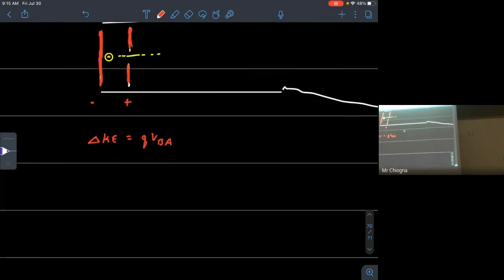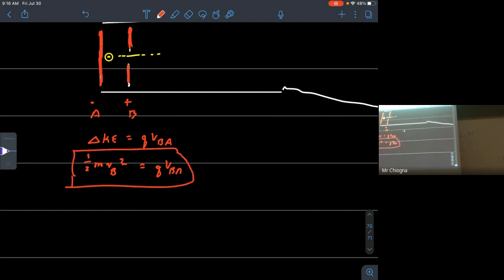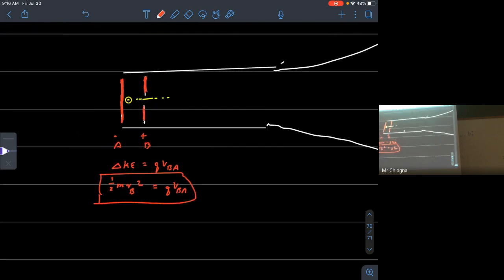Now it's going to start from rest. So this would be our B plate, this would be our A plate. So we have 1/2 mVB squared. There is no 1/2 mVA squared. VA is 0. So that's your first equation to be aware of. That's the electrons accelerating through the first set of plates to power it up, to get them to start moving.